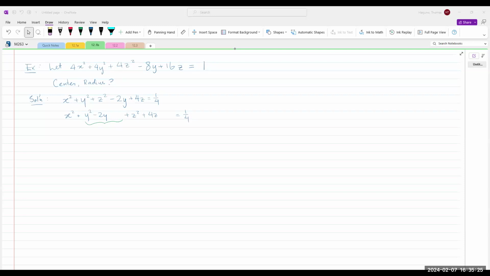Nobody say anything. Okay, you add 1. And then for the z squared plus 4z, what should I add to complete the square? We will add 2 squared, 4.